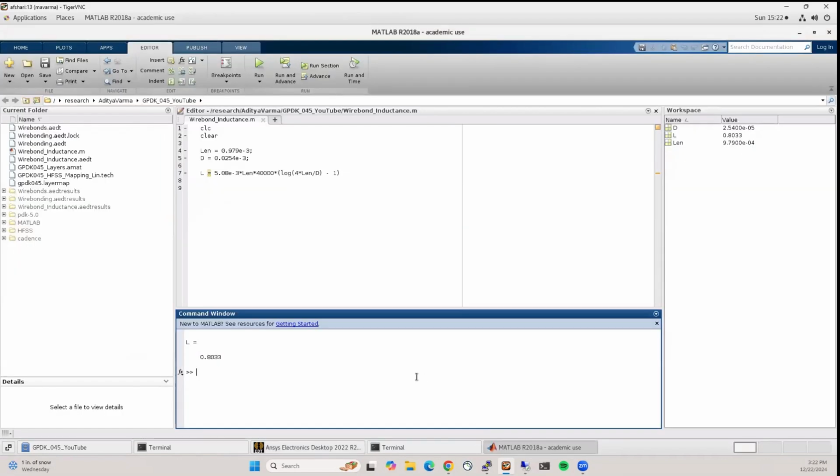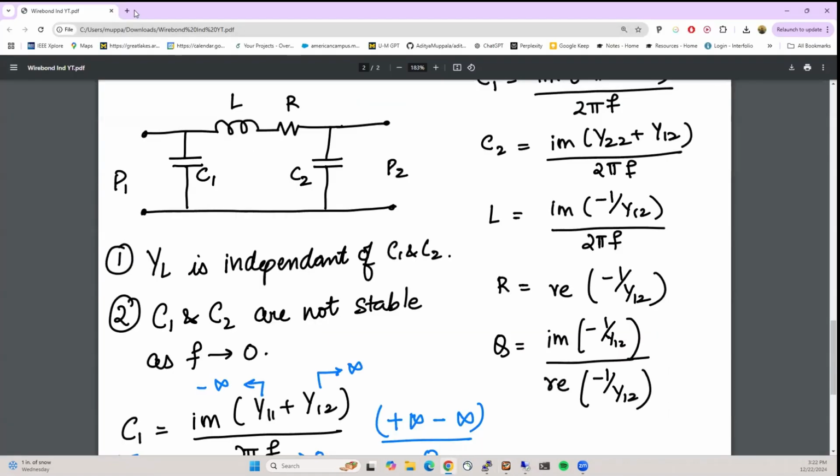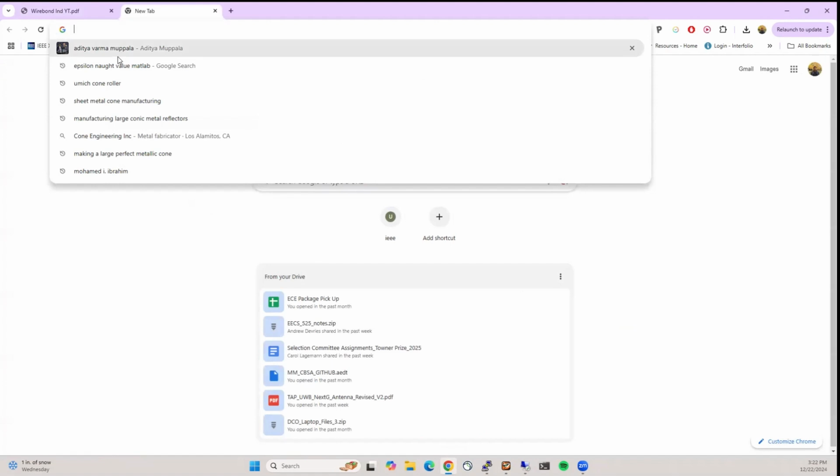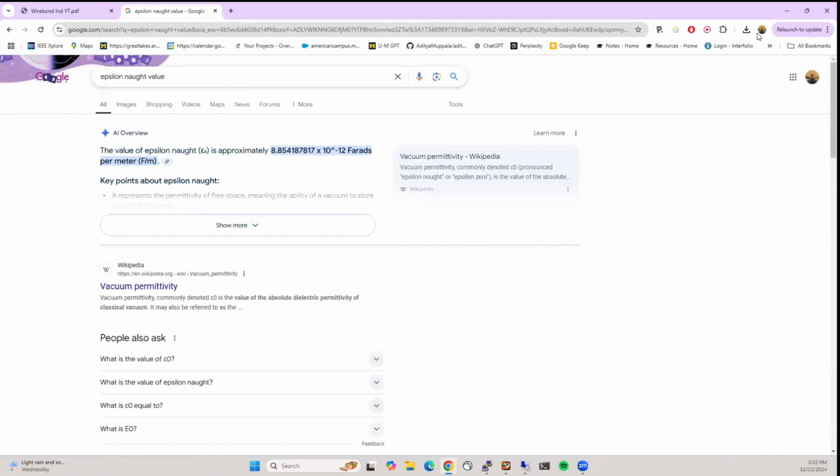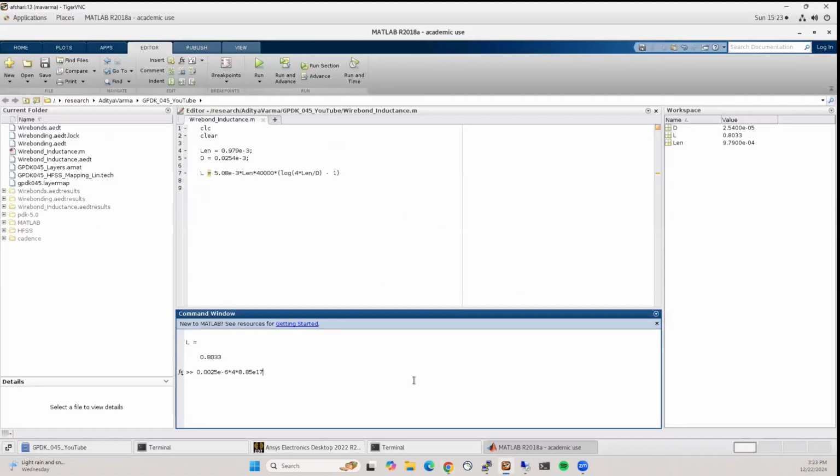Okay, so capacitance is 0.0025 E minus 6 times silicon dioxide, which is 4 epsilon R, and epsilon naught is 8.8542 times 10 to the minus 12.